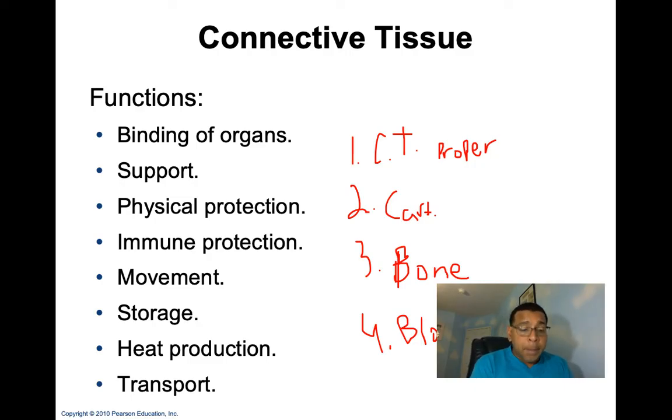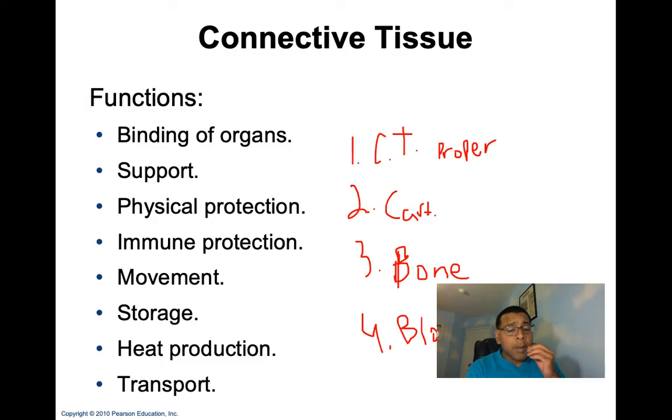It separates the living cells of the tissue. It also allows connective tissue to bear weight and to withstand great tension. And last, it allows it to endure abuse.